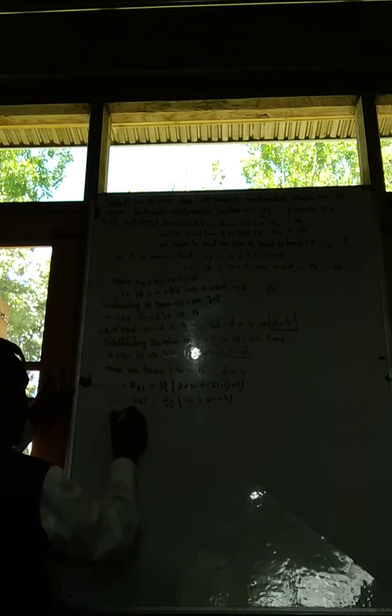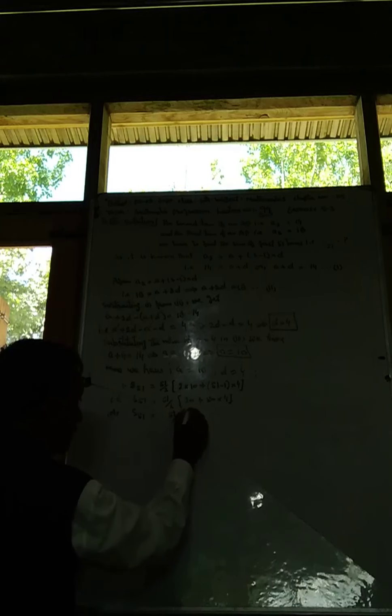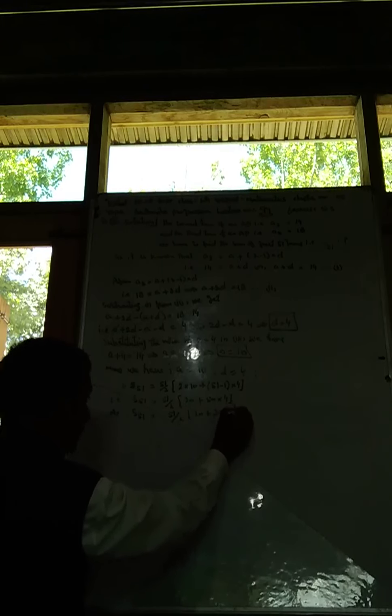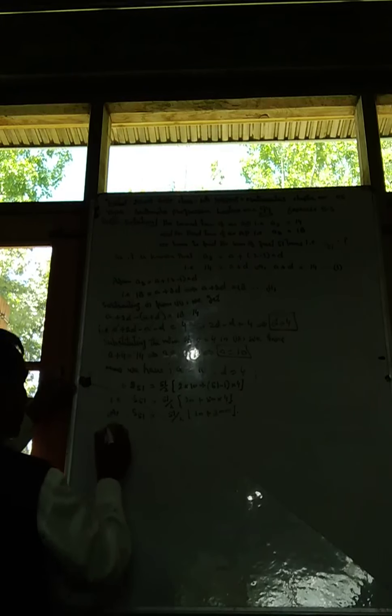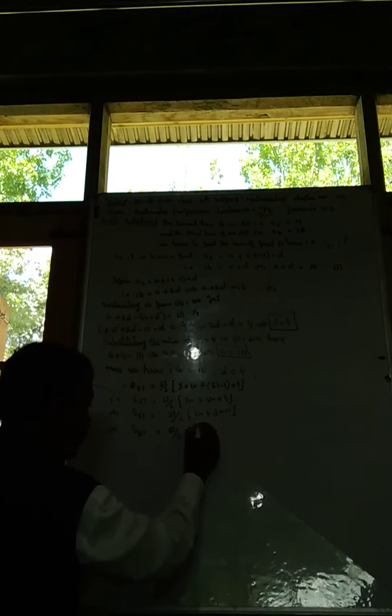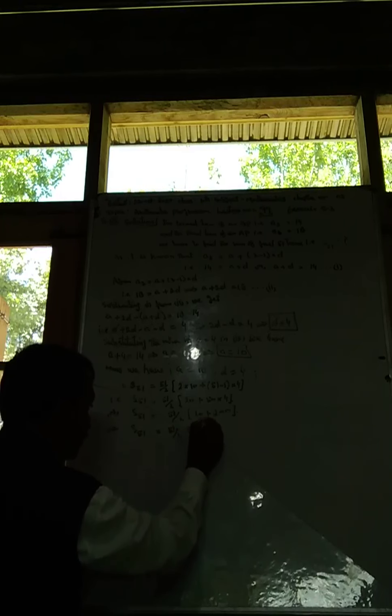Or S51 is equal to 51 divided by 2 into 20 plus 4 5s are 200, 20, 200. 4 into 50 is equal to 200. Implies S51 is equal to 51 divided by 2 into 220. 200 plus 20, 220.